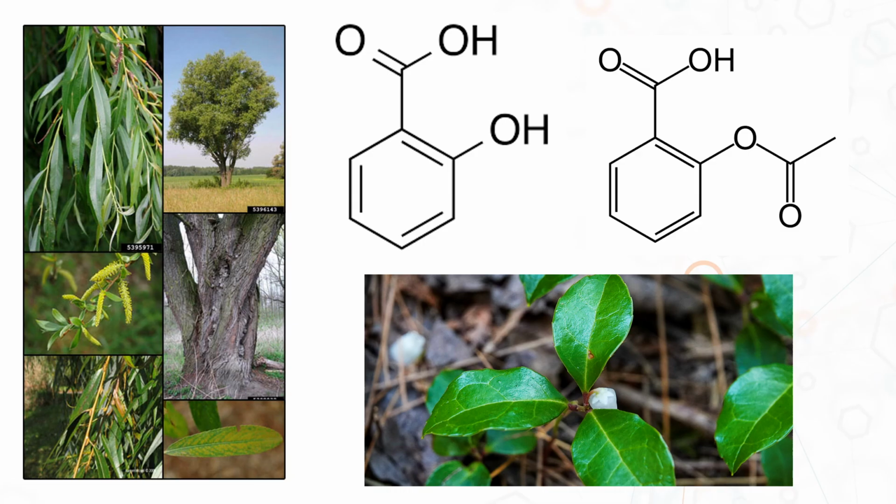Felix Hoffman is a chemist at Bayer company wherein he modified the natural version of salicylic acid. He added an acetyl group. So as you can see, we have the left molecule, which is the salicylic acid that is naturally occurring in willow bark and wintergreen leaves.